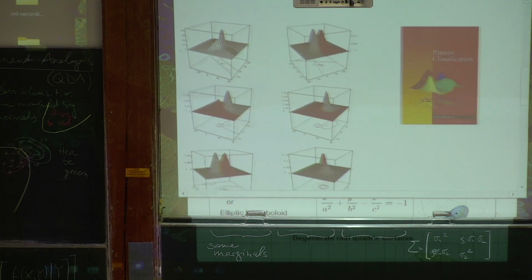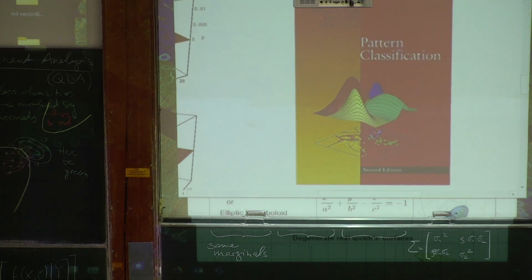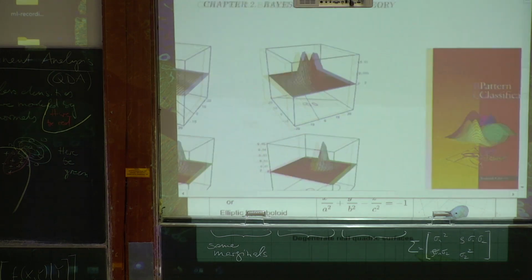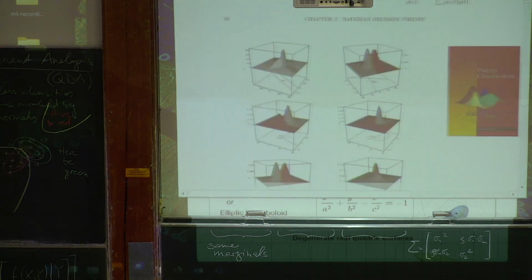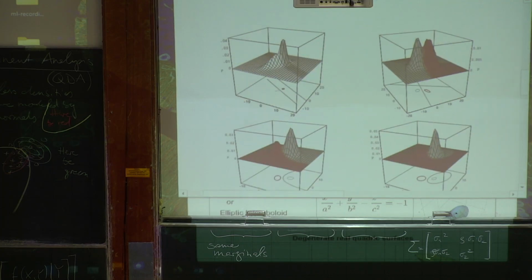More pretty pictures, this time from an old school book by Duda, Hart and Stork. It's old but nice. It came out in the 70s, and this here is a rehash from around the 2000s. But it was, I think, the first good book on machine learning out there. And here are pictures from this book on what the distributions and the decision boundaries could look like.